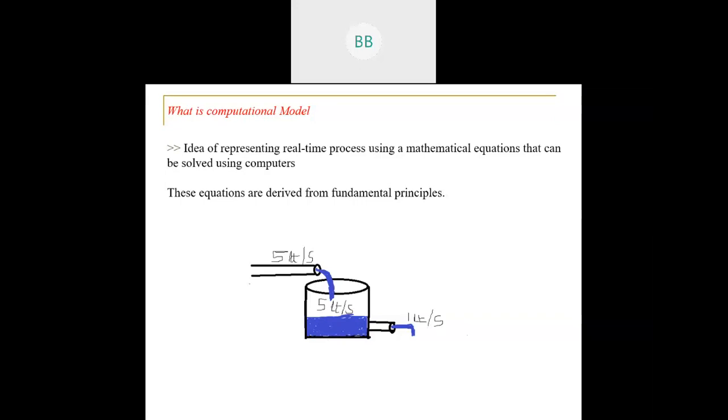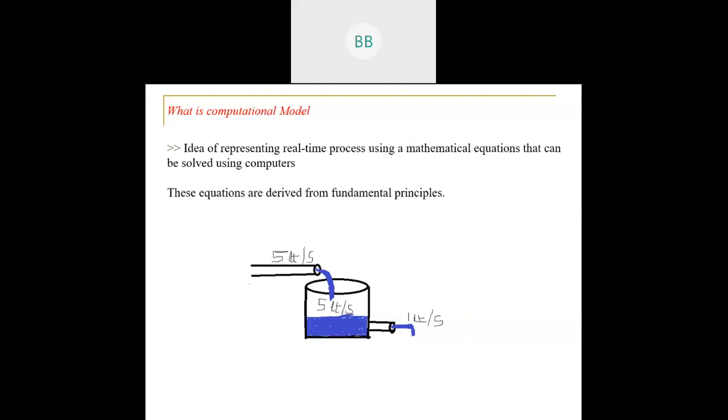It is an idea to represent a real-time process by deriving some mathematical equations that can be solved using computers. These equations are mostly derived from basic fundamental principles like conservation of mass and energy.